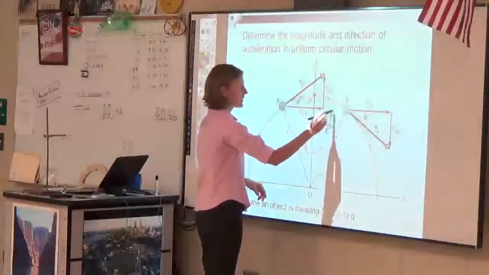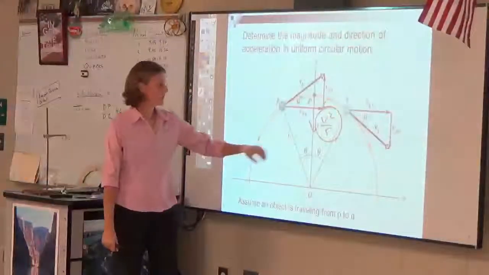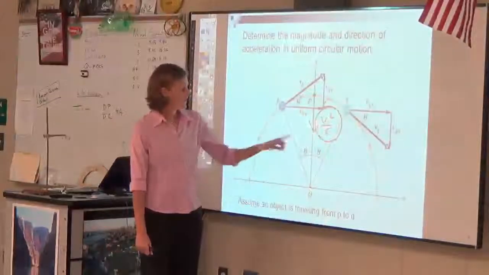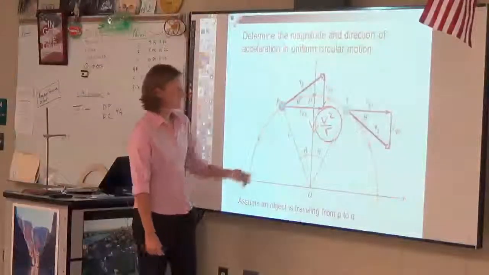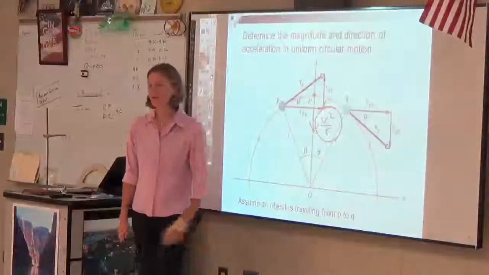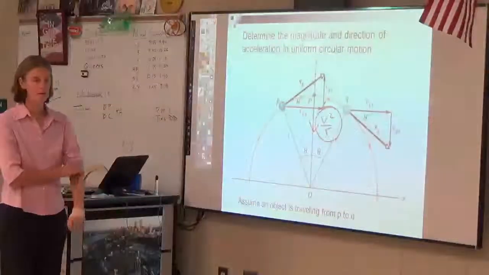V squared over r. So for circular motion, your acceleration is given by v squared over r. The direction is going to be center seeking. For our example, we had that negative sign, so that meant down, but it's always going to be center seeking direction. So it could be to the left or up.